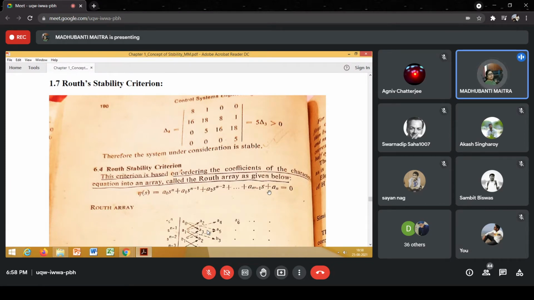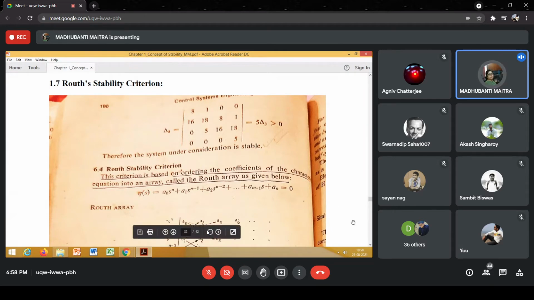But if these two conditions are satisfied, then for a higher order system, to judge the absolute stability, we'll have to apply Routh stability criterion. And for that, we'll have to form a table or an array. We use these two terms, table and array, synonymously. And the table or the array is known as Routh's table or Routh's array.